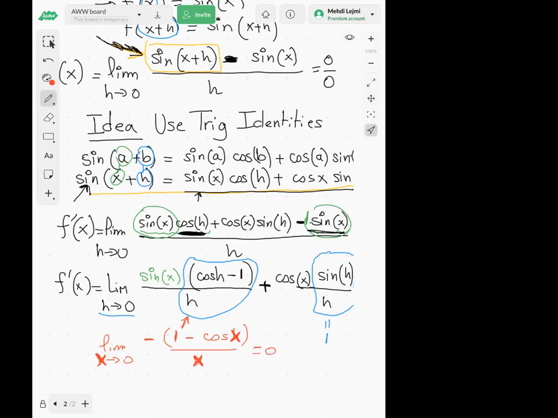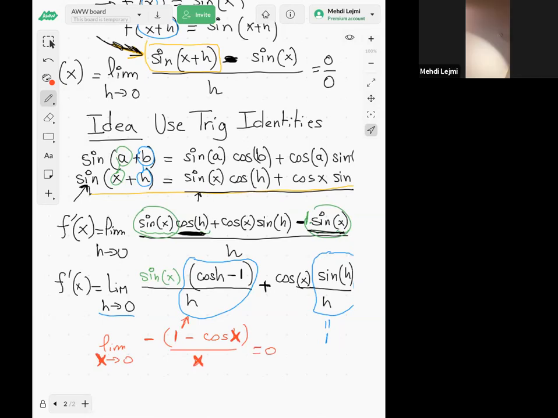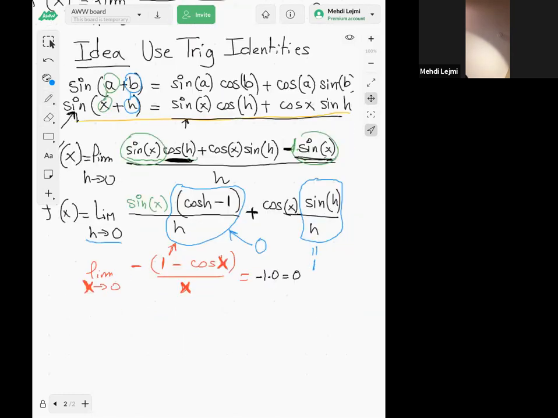Multiplied by minus 1, yes, it's still 0. So it's minus 1 times 0, which is 0, right? So this limit, cosine of h minus 1 over h as h goes to 0, is equal to 0. So you see, guys, how you use the two limits to compute this derivative.